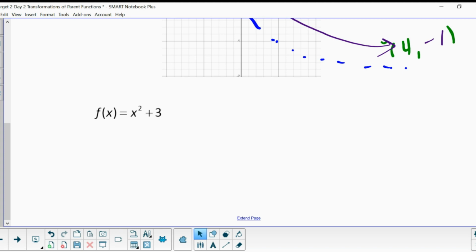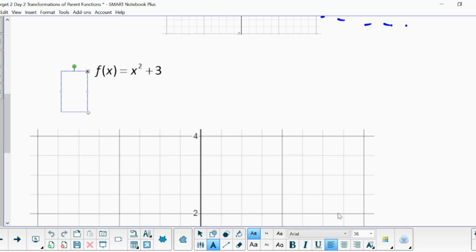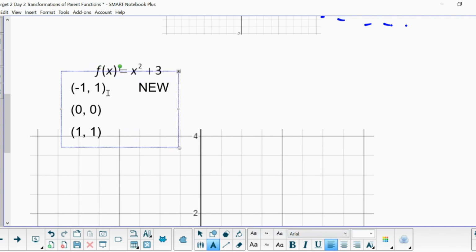So for this being x squared plus 3, you know that the defining points for x squared, the ones you start with, are negative 1, 1, you also have 0, 0, and you also have 1, 1. Okay, well, you're going to move these up 3, so the new point would be negative 1, comma 1 plus 3 is 4.